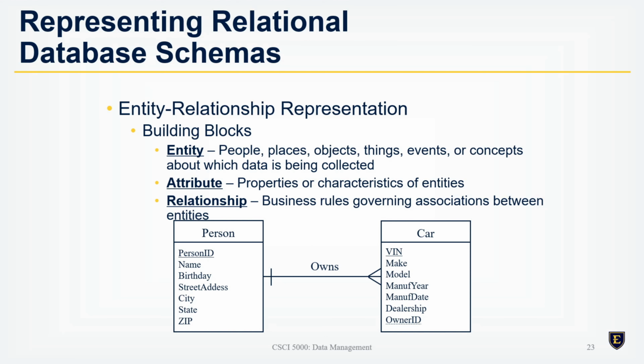So the owner ID will contain a person ID that says person 122 owns the car with VIN number whatever. So person owns car. Car is owned by person. This is a relationship, and we see the line now drawn between the person entity and the car entity.